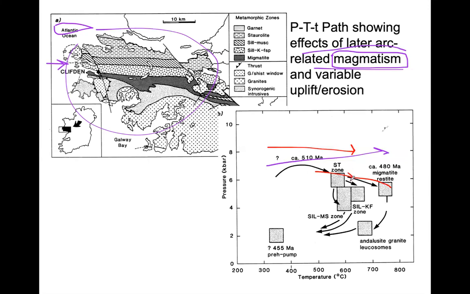Probably during this magma intrusion, there may have been some slight erosion, so that made this pressure drop happen. And after reaching the maximum temperature, finally the real exhumation with rapid erosion should have taken place. That's why you see a sudden pressure drop there.